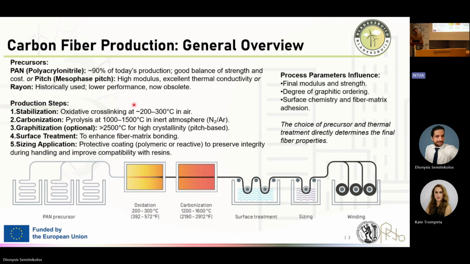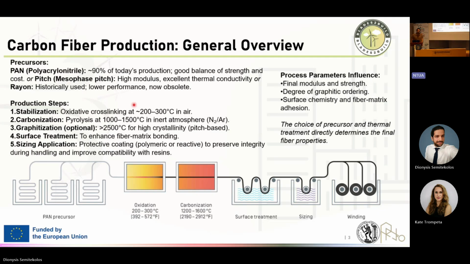We said polyacrylonitrile is the major precursor. We are also using pitch, mesophase pitch, as an alternative precursor. It has differences in terms of processing and properties when compared with polyacrylonitrile.